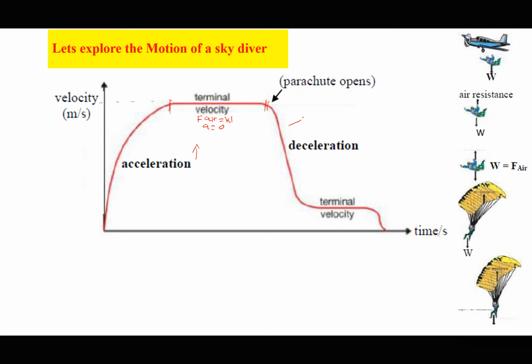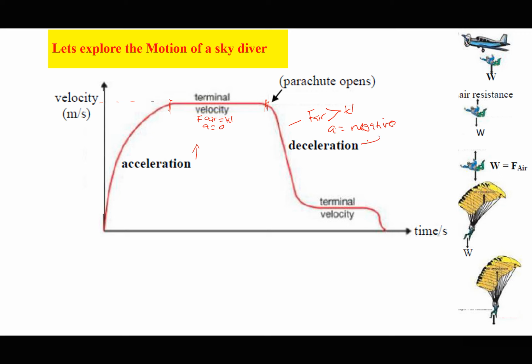Because the parachute has a large surface area, the force due to air resistance now exceeds the weight, which means the resultant force is in the opposite direction to the motion. In that case, the person is going to decelerate, so the acceleration is going to be negative.